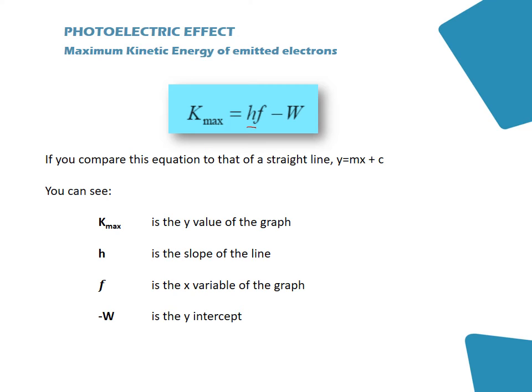If we compare this to the equation of a straight line, we can see some really interesting similarities. h would be the gradient or the slope of the line. Frequency would be the x variable on the graph, and the work function, W, is our y-intercept on the graph.